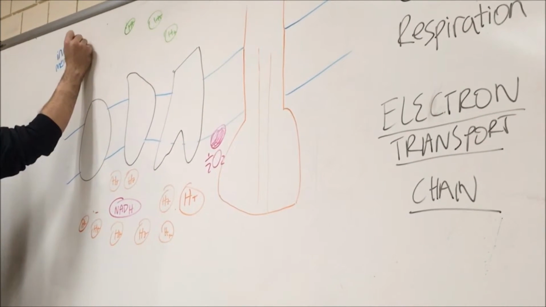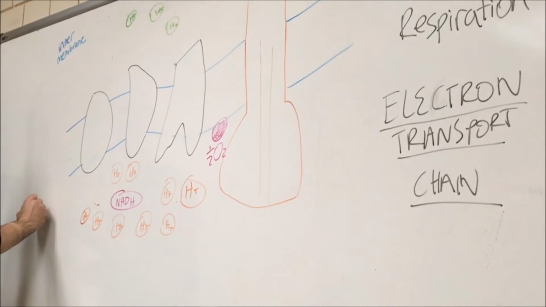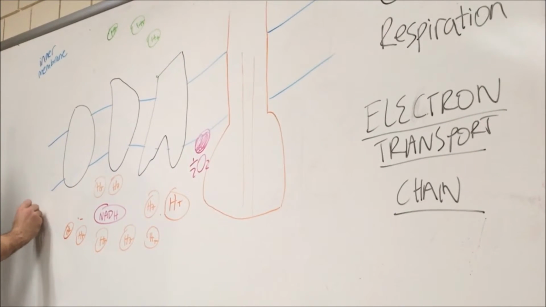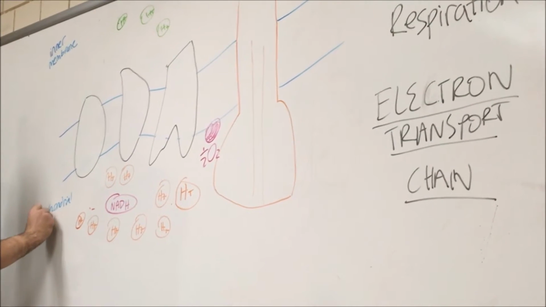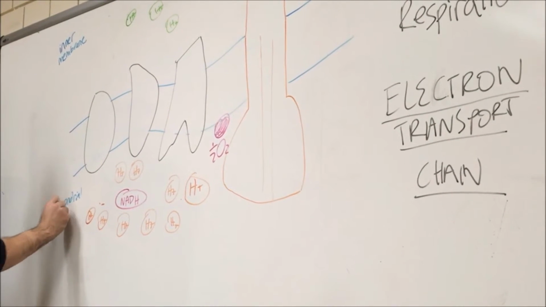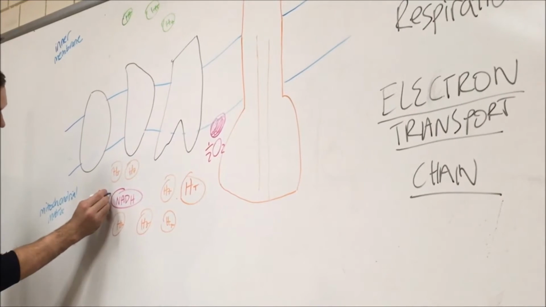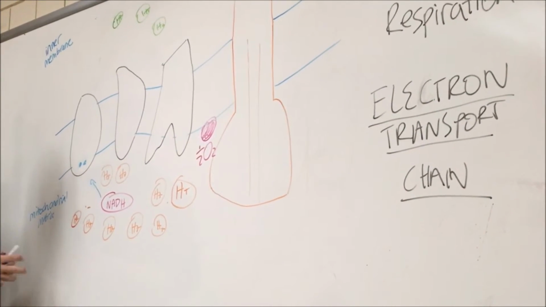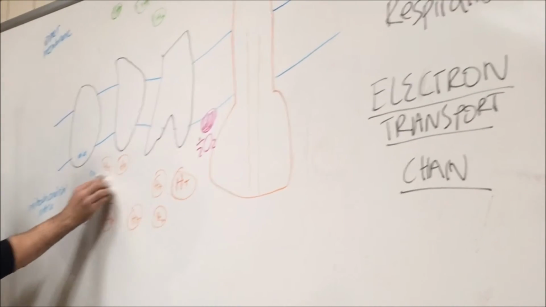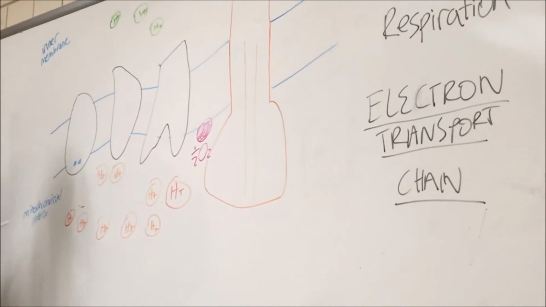NADH and FADH2 deliver electrons to the chain. The hydrogen atoms attach to NADH and FADH2, and they consist of an electron and a hydrogen ion. The carriers of the electron transport chain accept only e-, which is the electron, and not the hydrogen atom.